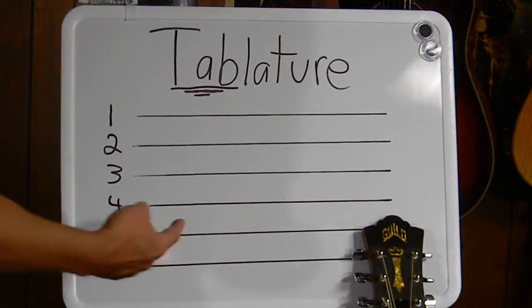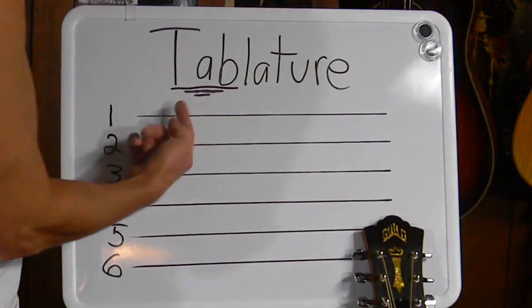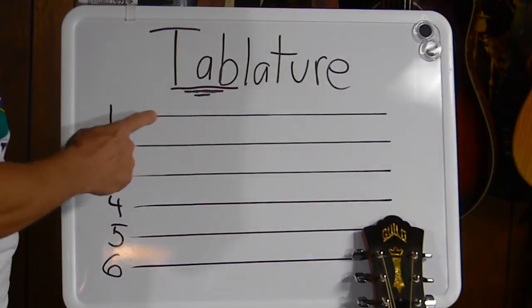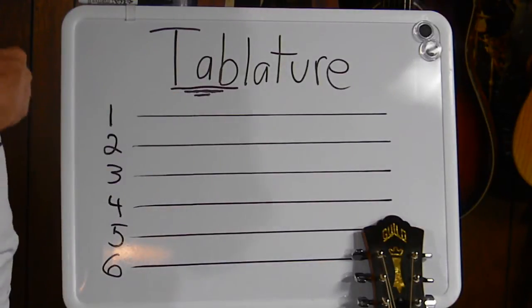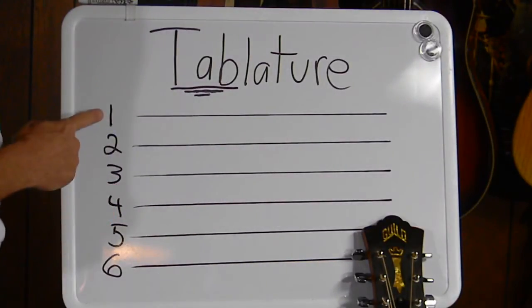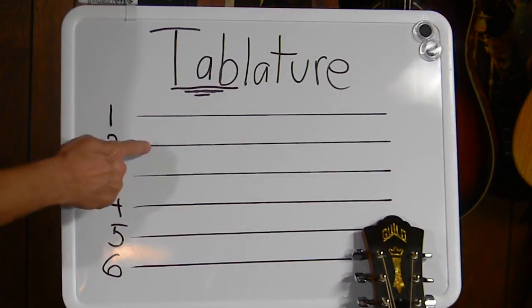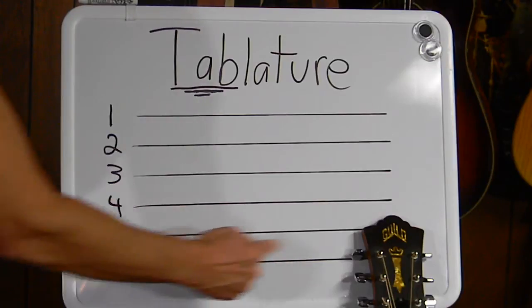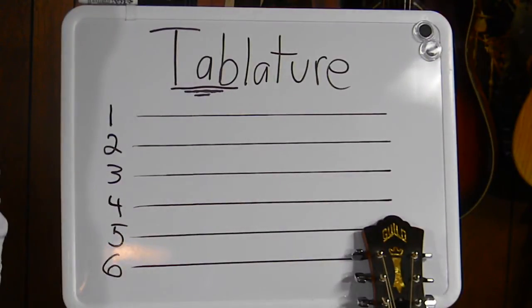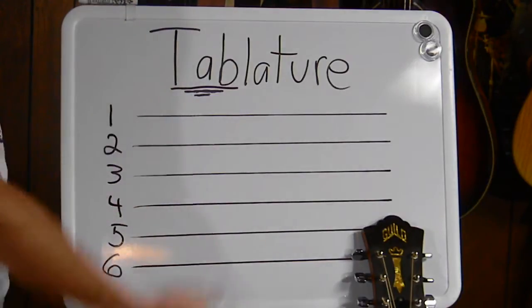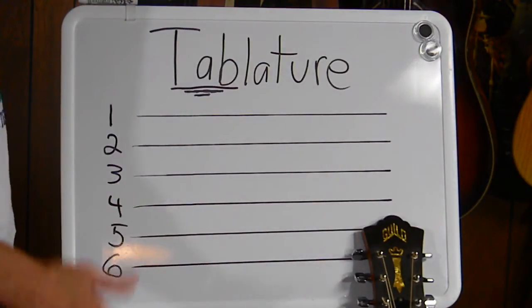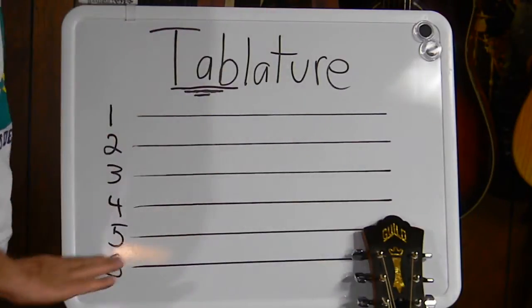Okay, so again, tablature, or tab for short, its nickname, is 1, 2, 3, 4, 5, 6 horizontal lines. Horizontal. Not vertical like the way we stand up, but horizontal like when we lay down, like across the horizon.